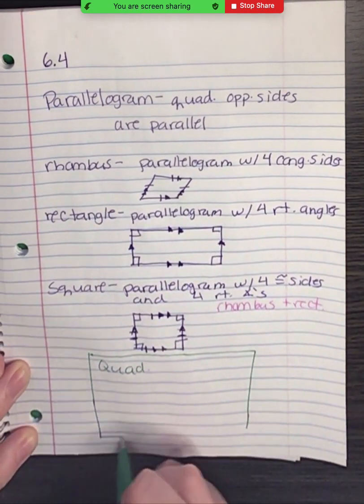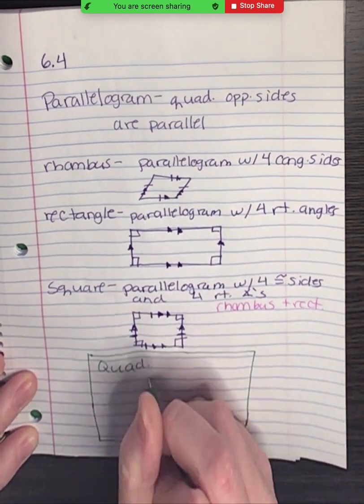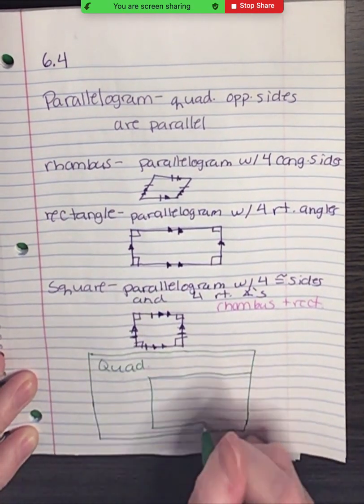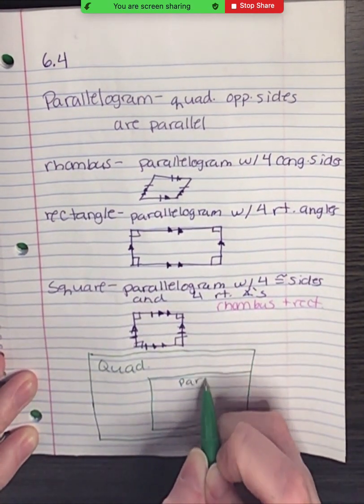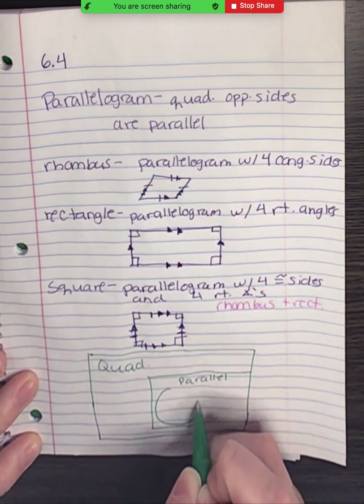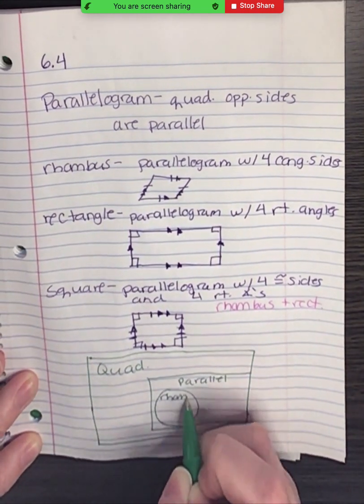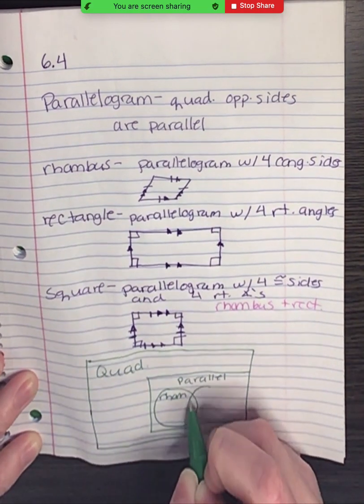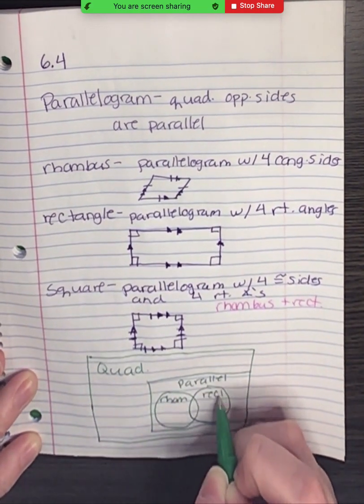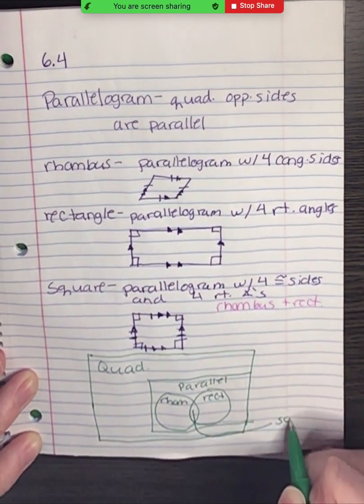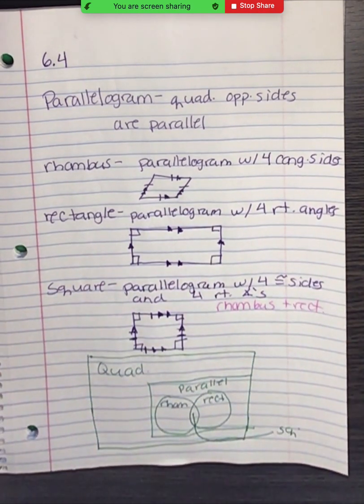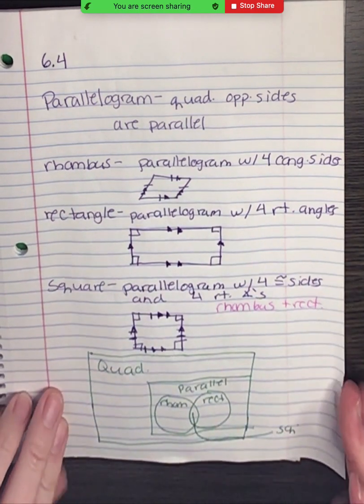So if we look at the bigger picture, we have quadrilaterals. Within quadrilaterals, you have special quads that are parallelograms. And then you have rhombuses, and you have rectangles. And then this overlap here is your squares, because that's saying that it's a rhombus and a rectangle. So 3 new figures.